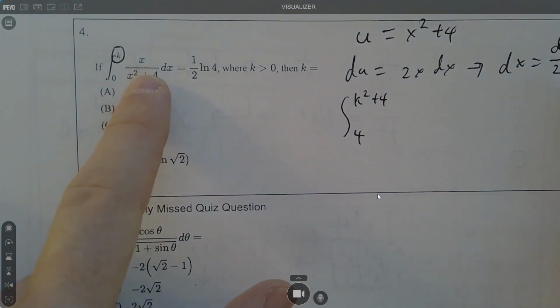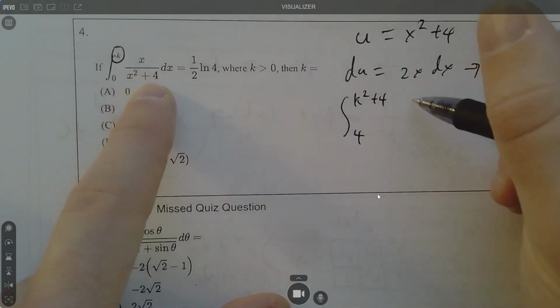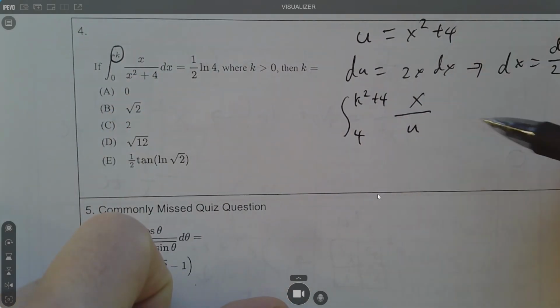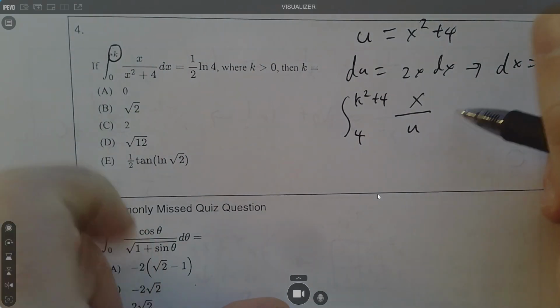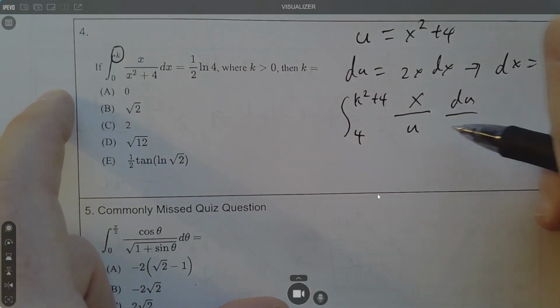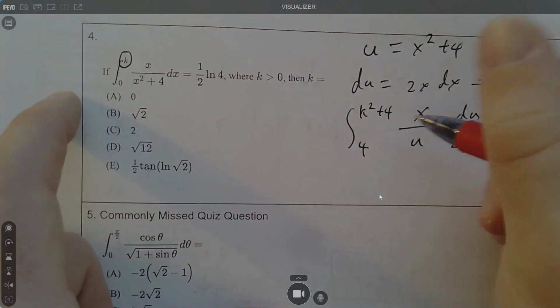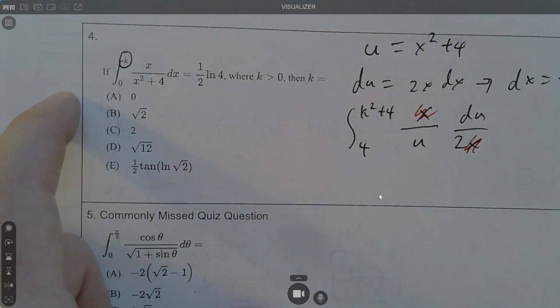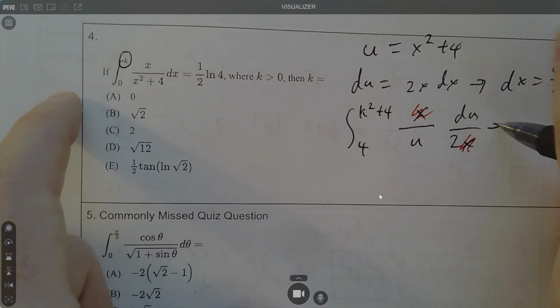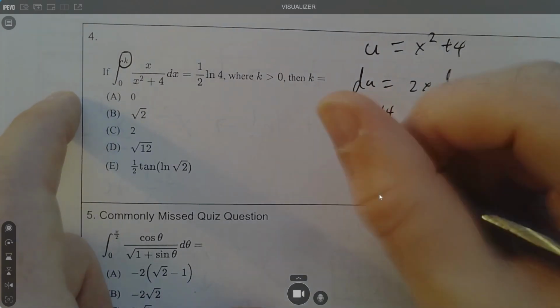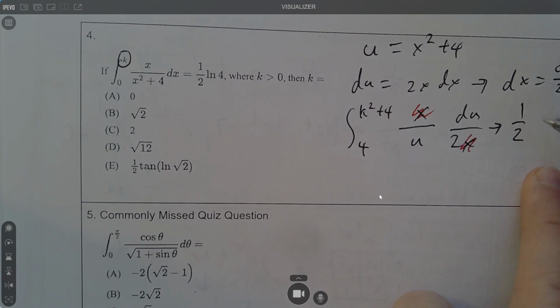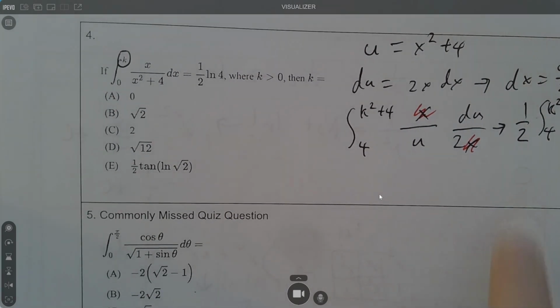And then what's going to happen is that the x and the x are going to cancel. It's going to be x over u du over 2x. This x here is going to cancel with this x here, and you're just going to have 1/2, because that 2 is going to come out front, integral 4 to k squared plus 4, 1 over u du.